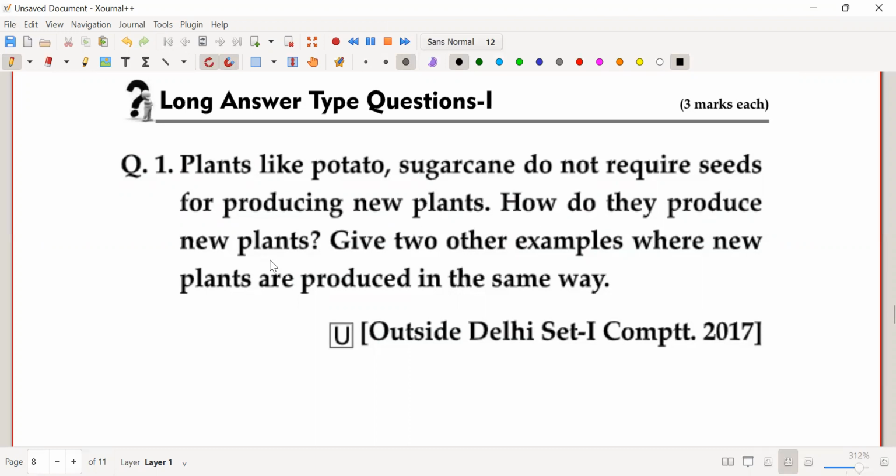How do they produce new plants? Give two other examples where new plants are produced in the same way. See, plants like potato and sugarcane do not require seeds for producing new plants. How do they produce new plants? Give two examples where new plants are produced in the same way. What do you think, Ma?